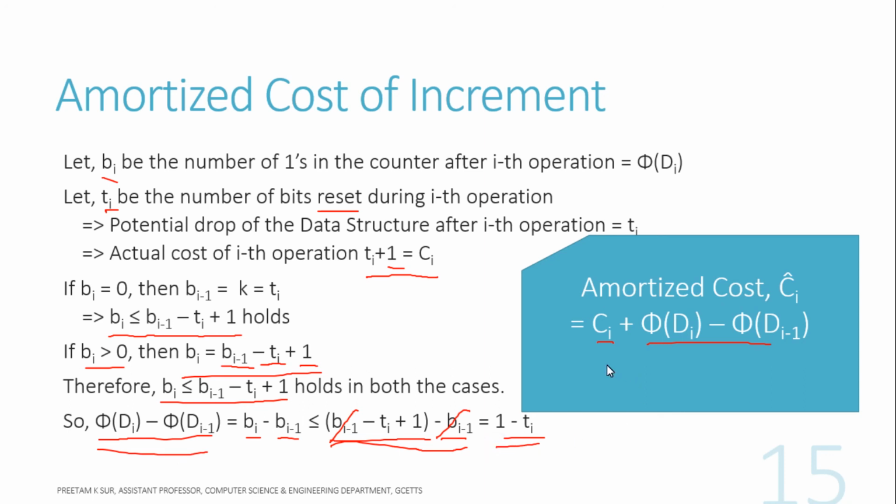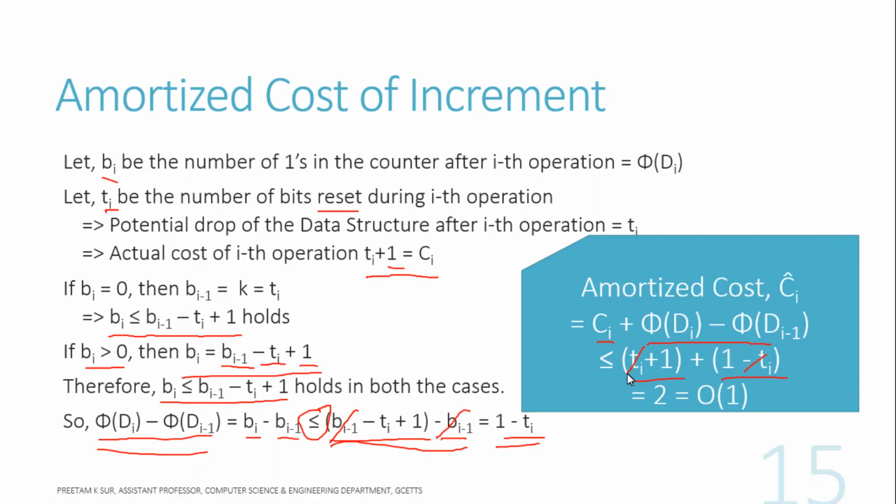So if you replace those values over here, and do the mathematics, it will cancel the ti out, and we will be left with 2, which is order of 1.